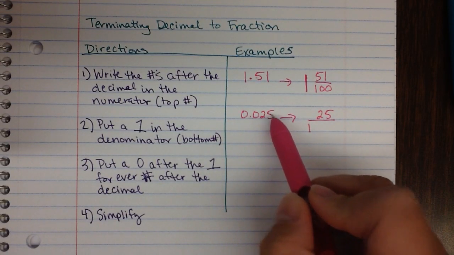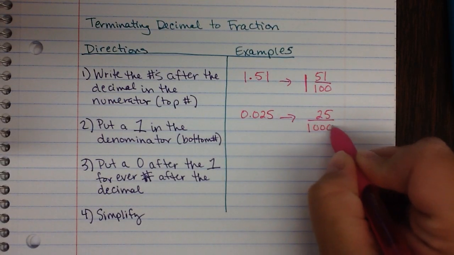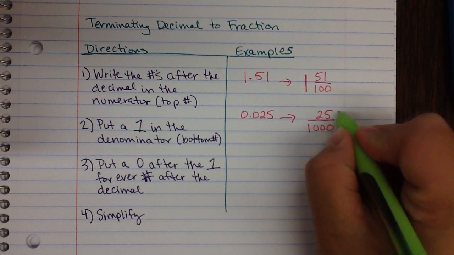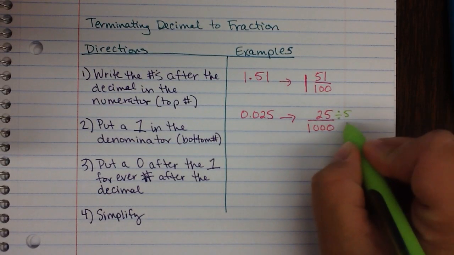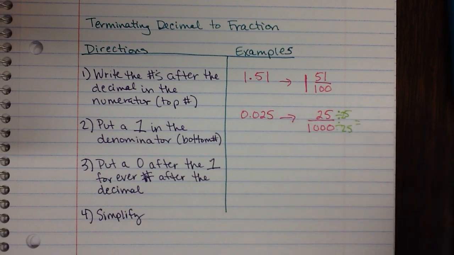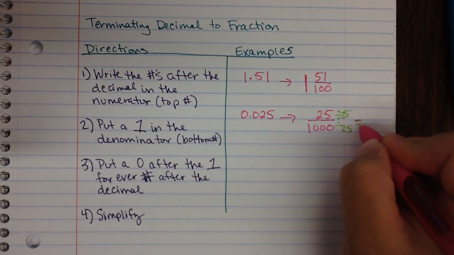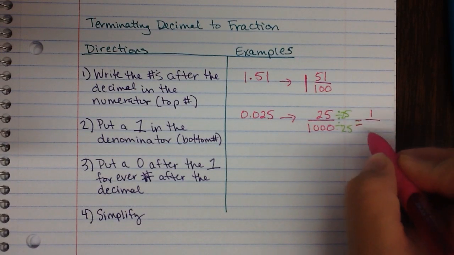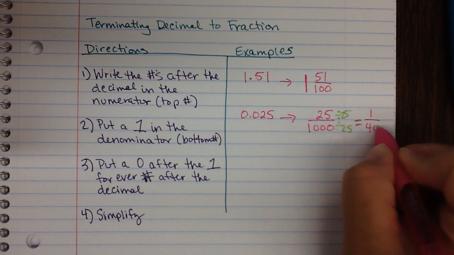So there's 1, 2, 3 numbers, so I'm going to put 1, 2, 3 zeros. Now, I do know that this can be simplified, and I can divide the top by 25, and the bottom by 25. So we get on the top 1 over 40.